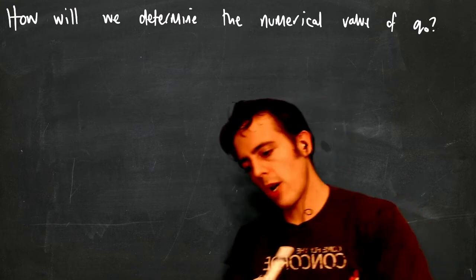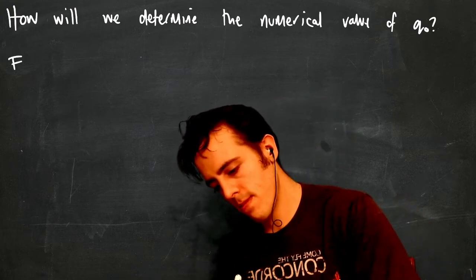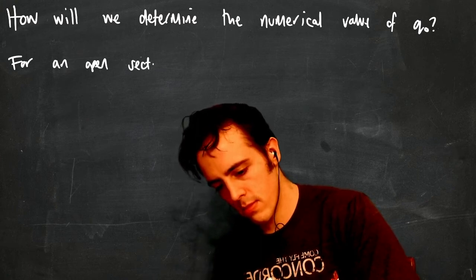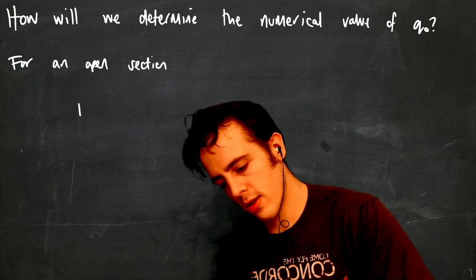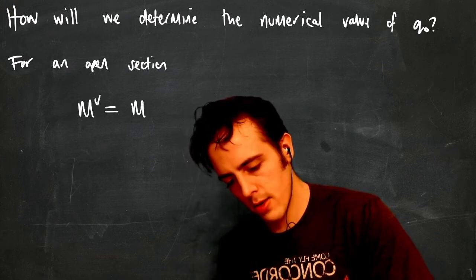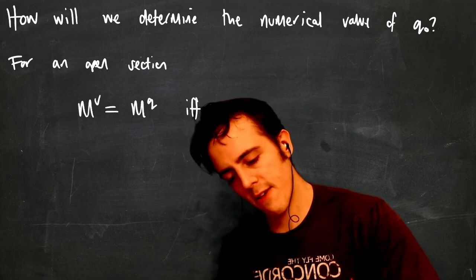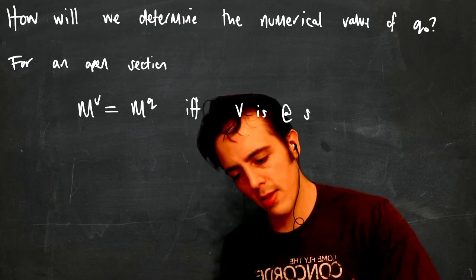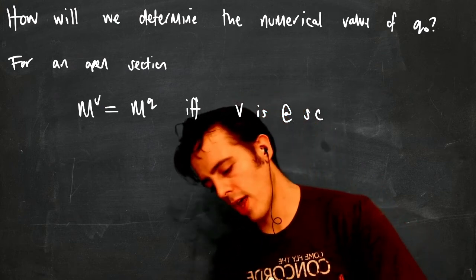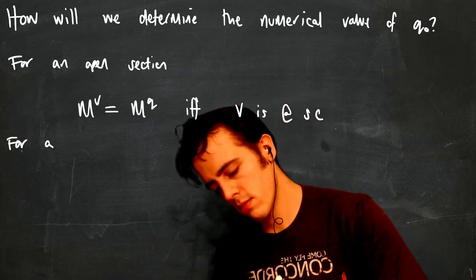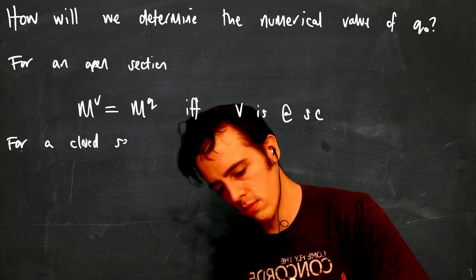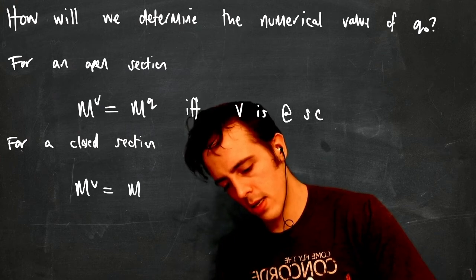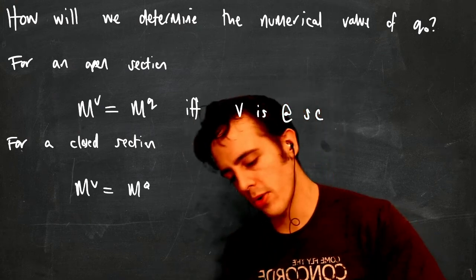So remember that for an open section, MV is equal to MQ if and only if V is applied at the shear center. For a closed section, MV is equal to MQ wherever you apply that force.